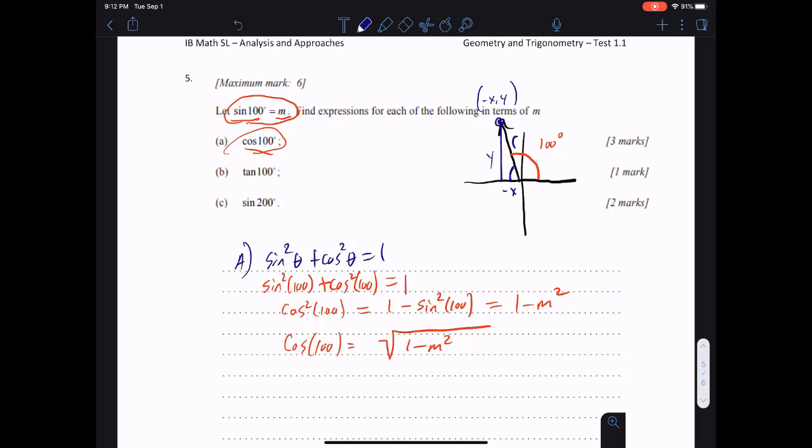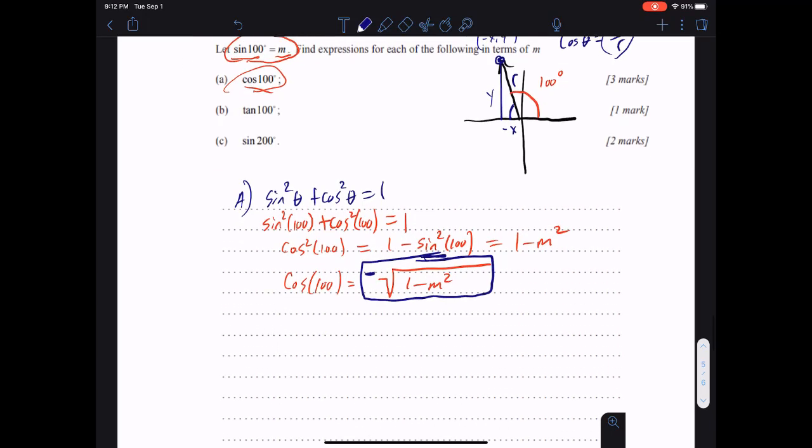Since the cosine of that angle theta is always x over r, in this case x would be negative, so your cosine is going to be a negative quantity. R is always a positive quantity, so this has to be negative. So don't forget to put a negative sign in front of this. When you take a square root, you get two possible answers, positive or negative. In this case, in this quadrant cosine will be negative, so this will be your answer, and just be mindful of that, okay? So that's part A.